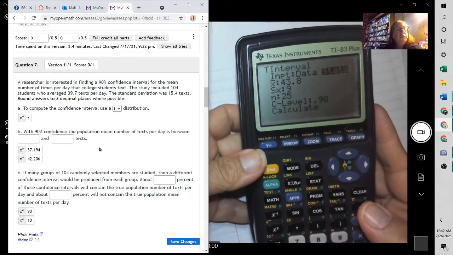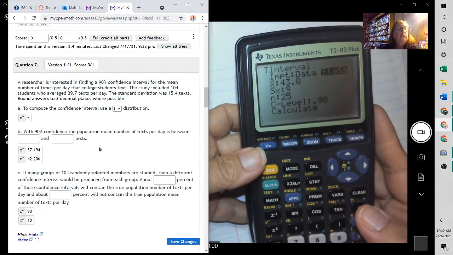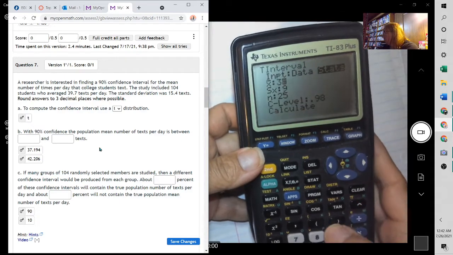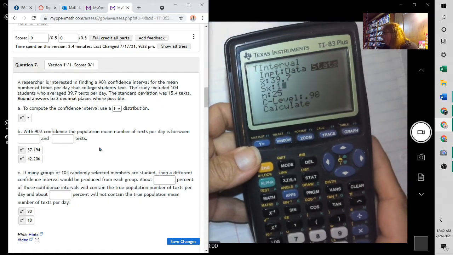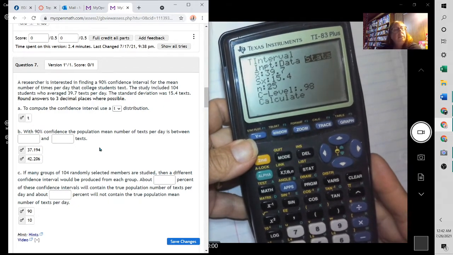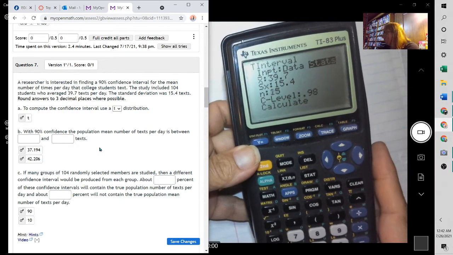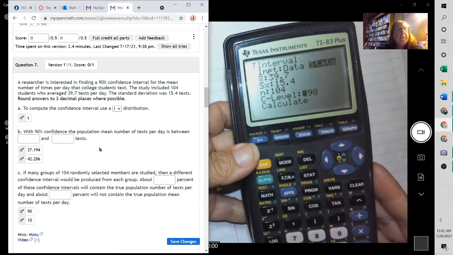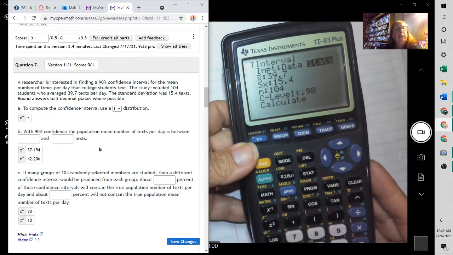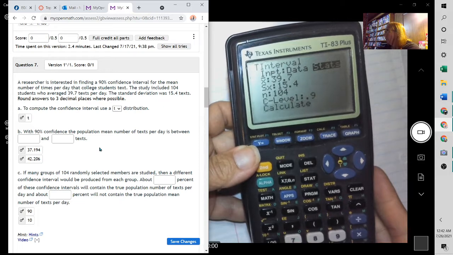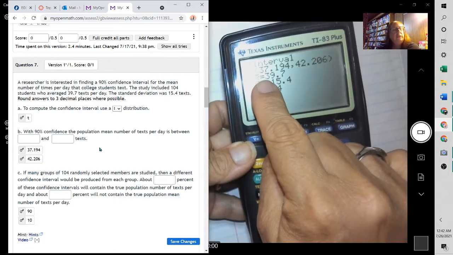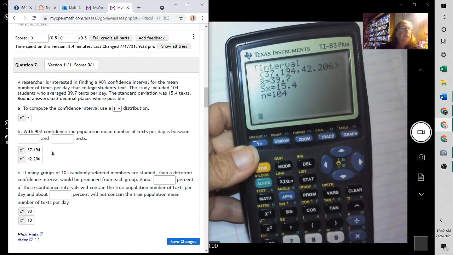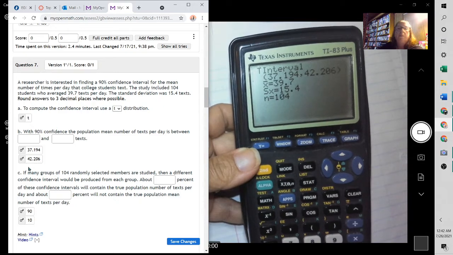Our mean in this one was average 39.7 with a standard deviation of 15.4, sample size 104, and 90% confidence interval 0.9. It takes a minute. 37.194, which is what we have here, and then 42.206.